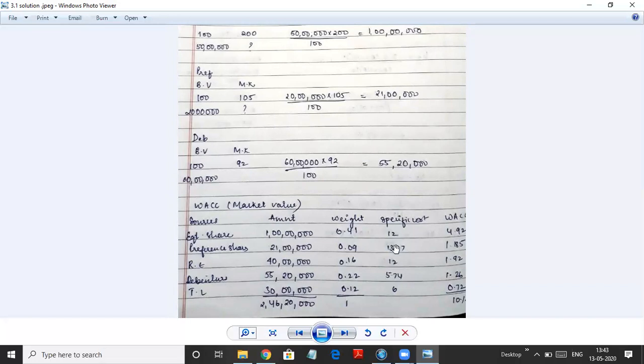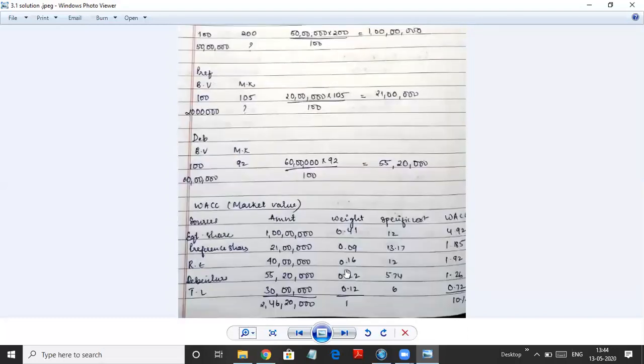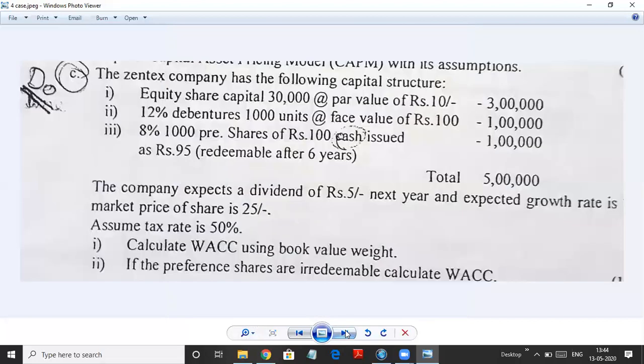So equity was 12, preference was 13.17, retained earnings equal to equity we took, so 12, debentures 5.74, and term loan 6%. When you multiply weightage with specific cost, you get the WACC. So 4.92, 1.185, and so on. If you add, the total is 10%. So for book value weights, it was 9.33. For market value, it is 10%. I hope it's clear. This is the last problem.